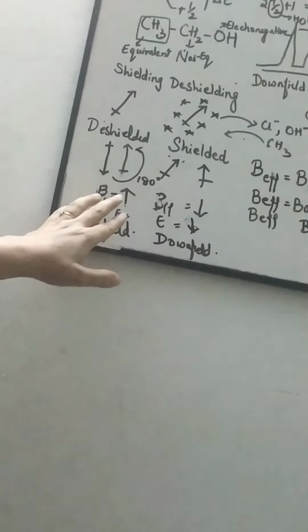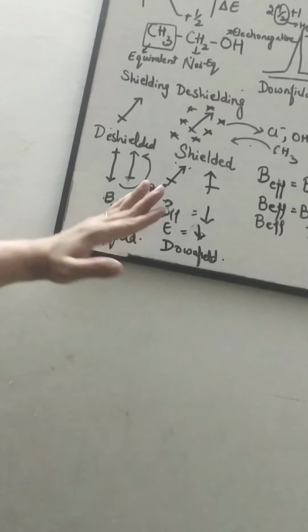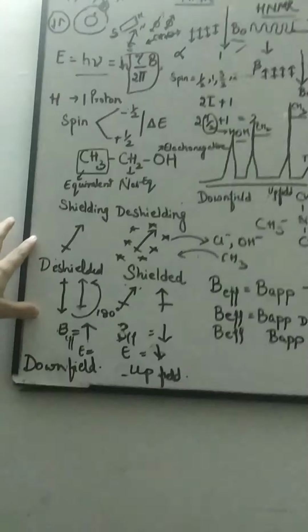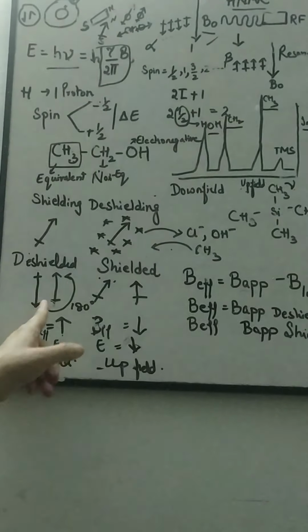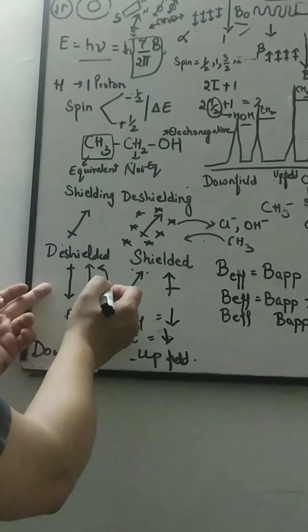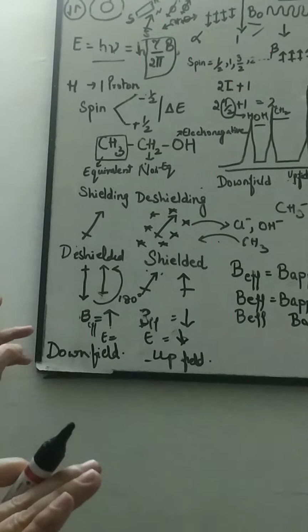Therefore, if lots of magnetic field is required, they will require more energy. So if they have to be flipped by a complete 180 degrees, obviously maximum field will be required.